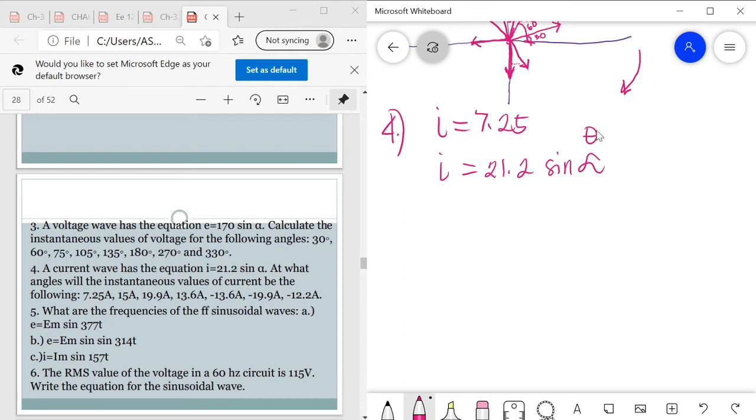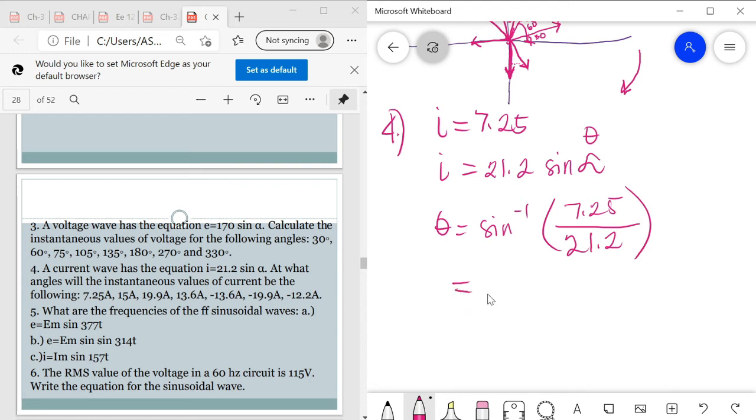So how do we solve for the angle? It is just the arc sine. Theta is equal to arc sine of 7.25 divided by 21.2.